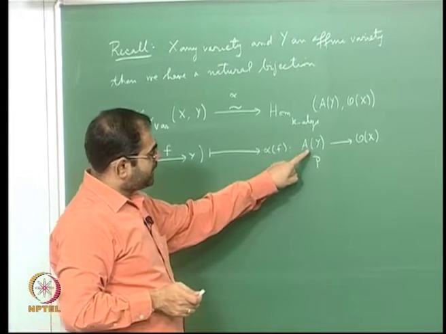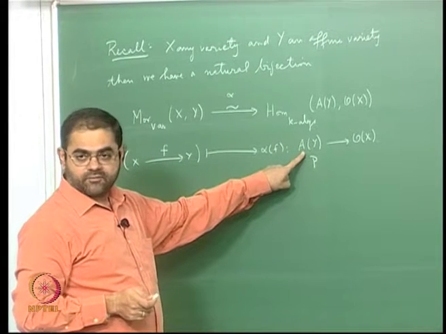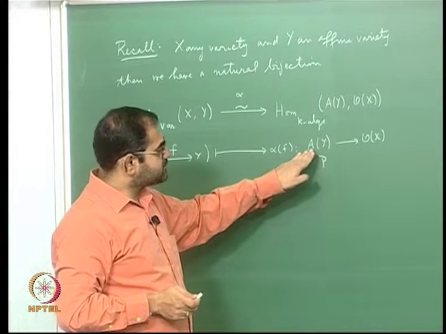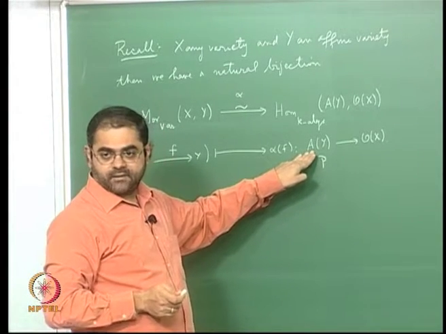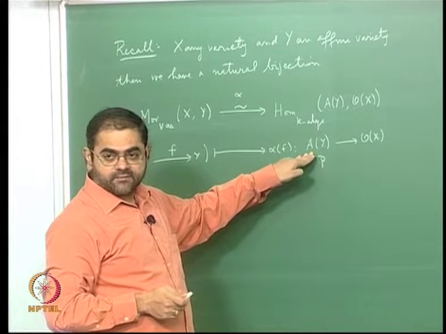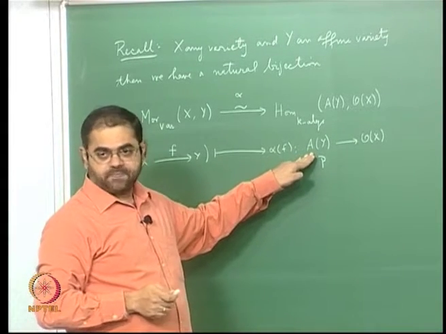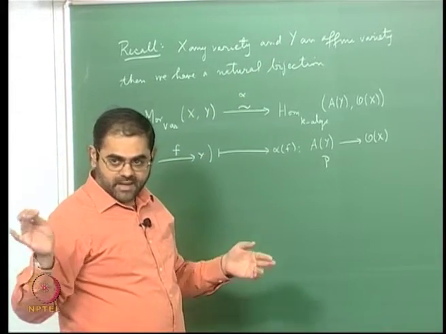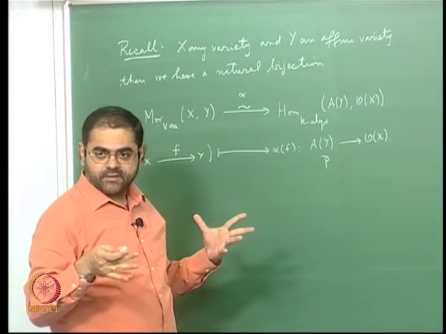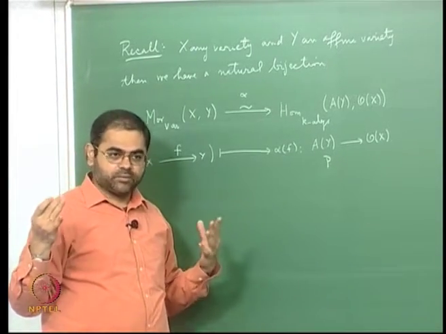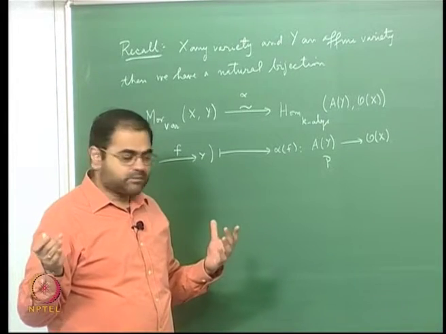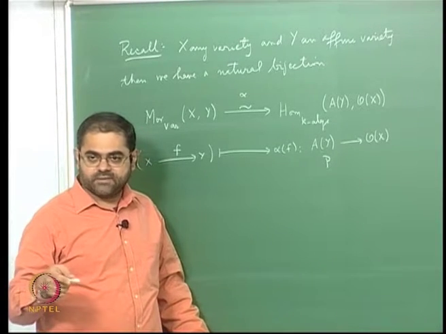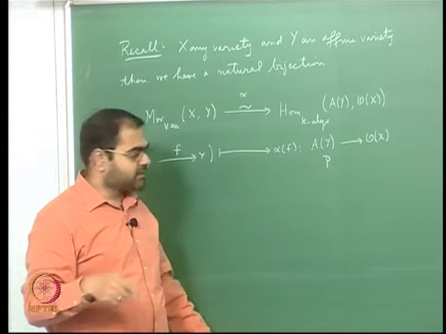Note that A(Y) is the affine coordinate ring of Y, the ring of polynomial functions on Y. It is just polynomials restricted to Y, and these are the polynomial functions on the affine space in which Y sits. Y is an affine variety, so Y sits inside some A^n, the bigger ambient affine space, and on this ambient affine space you have the polynomials in n variables, and each of these polynomial functions by evaluation defines a map into k, which can be thought of as a map into A^1, and it is a regular function of course.